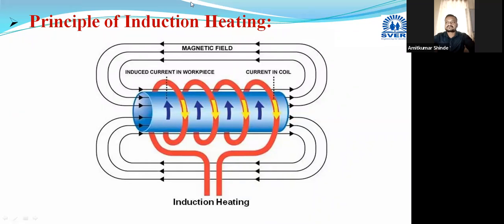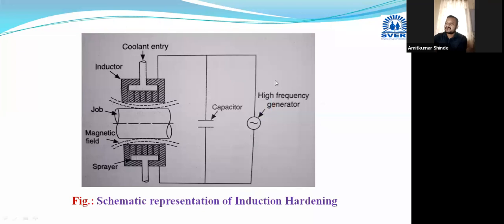High frequency alternating current is generated by the high frequency generator and passed through the coil.